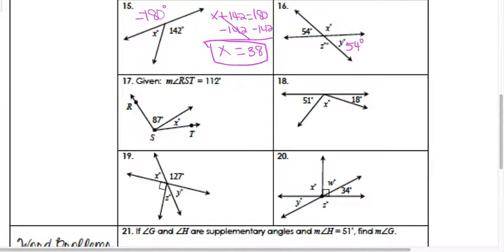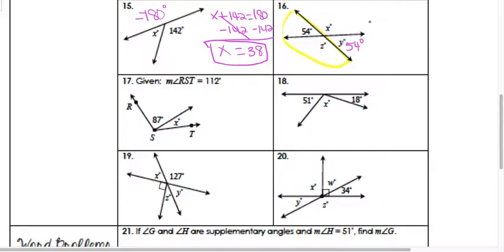And all we have to do is figure out what these two are. This is not going to be difficult either because let's go ahead, I'm going to highlight, we've got a straight angle right here. And we know that these two angles from here to here need to equal what? 180, right? And we know that this piece is 54, so we just have to figure out the difference of this right here.